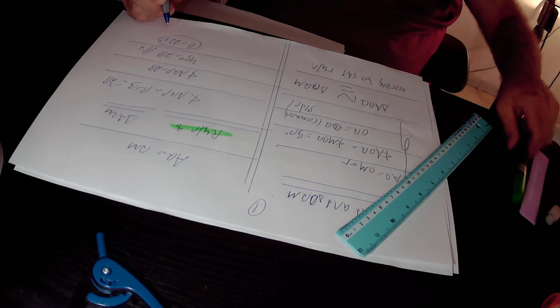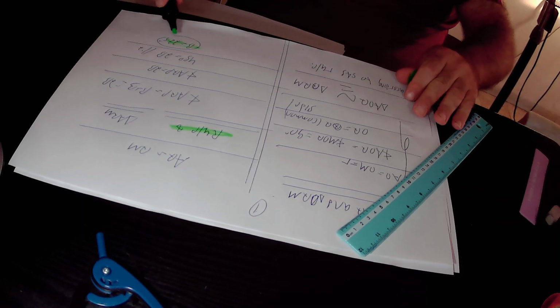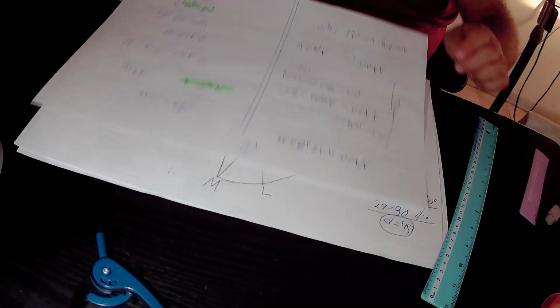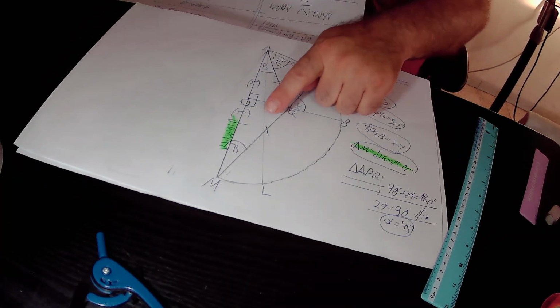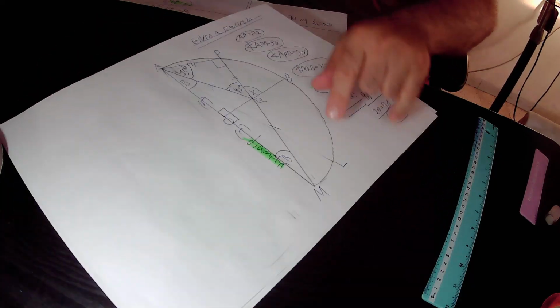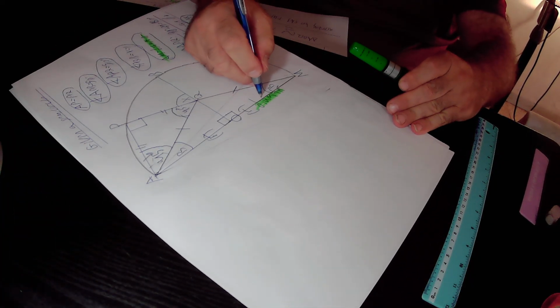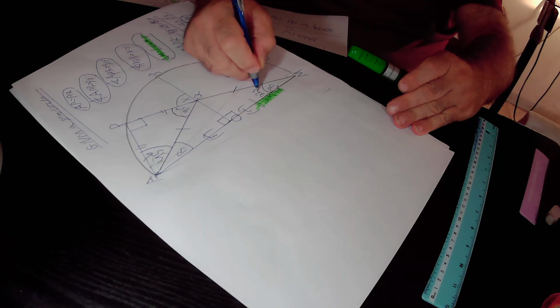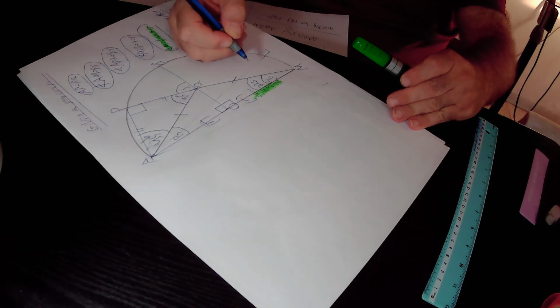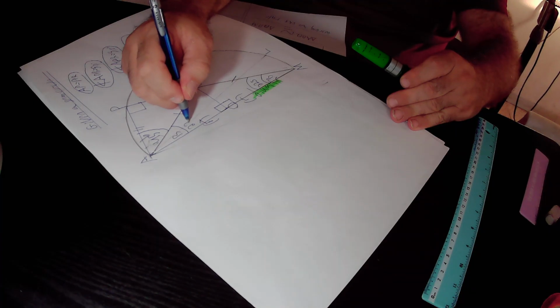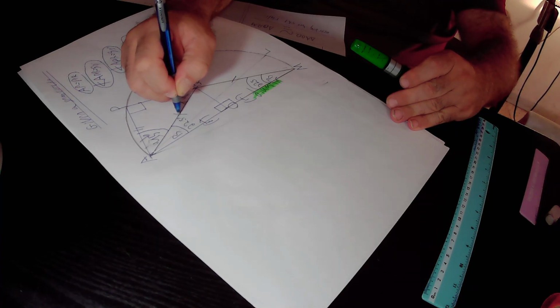So we found out that the size of this missing angle beta is 22.5 degrees.